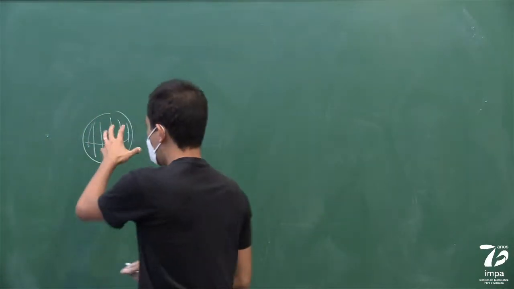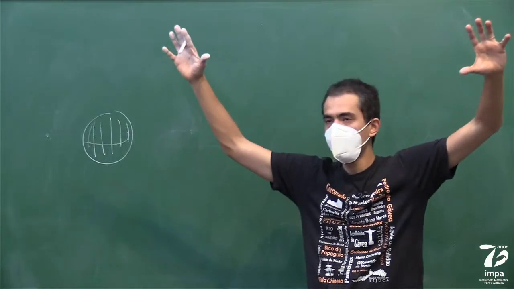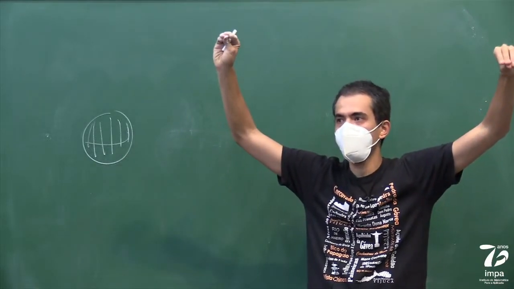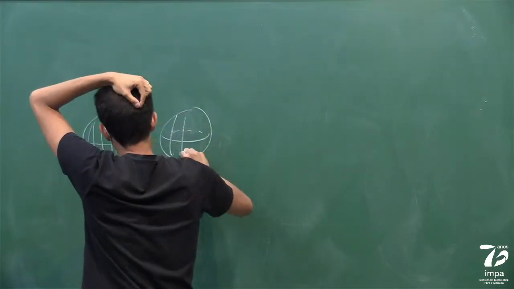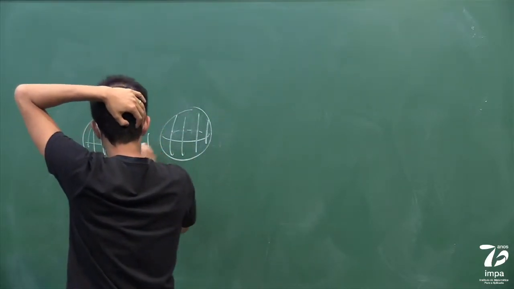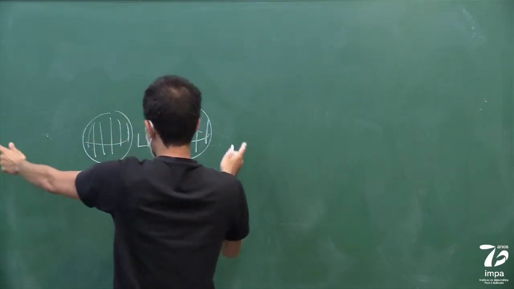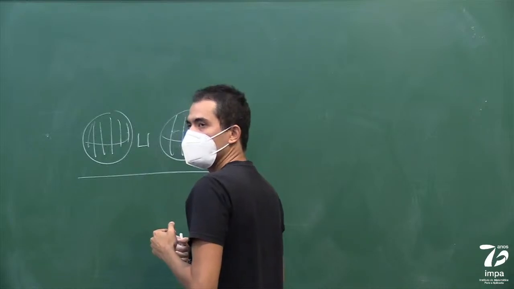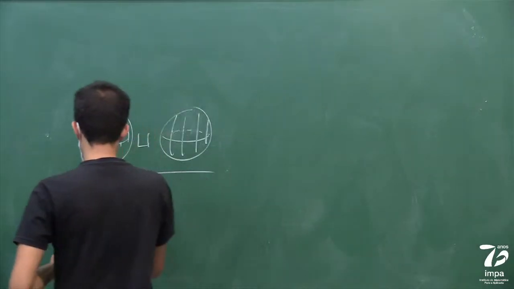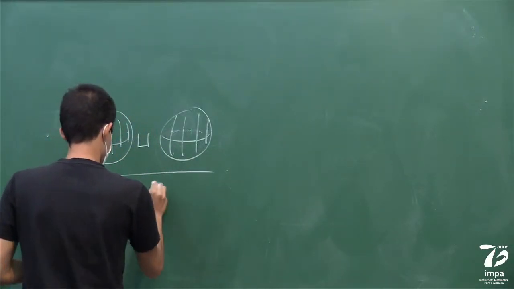So I have my ball, and I can glue another ball where I identify just the boundaries. So you can think about it like this. I have 2 balls, and I take the disjoint union, and I quotient by the map that is the identity on the boundary. Okay, so the map that takes S2 to S2.